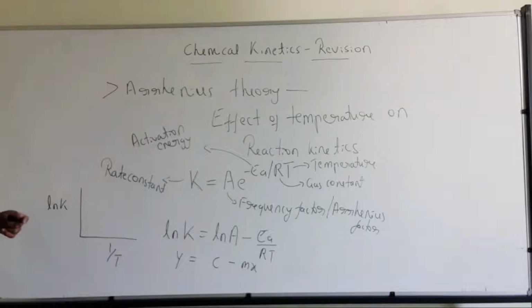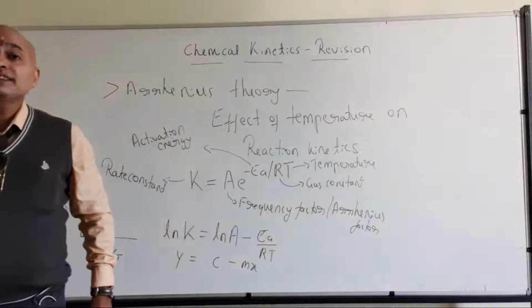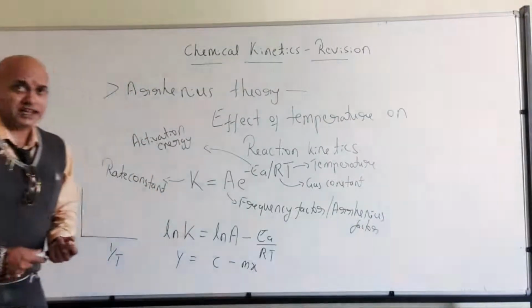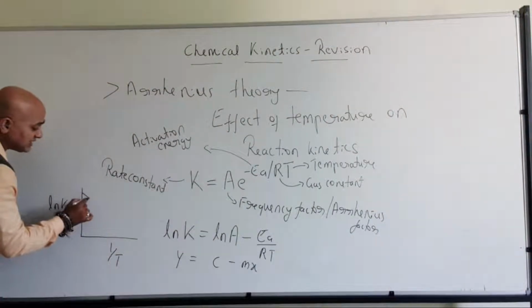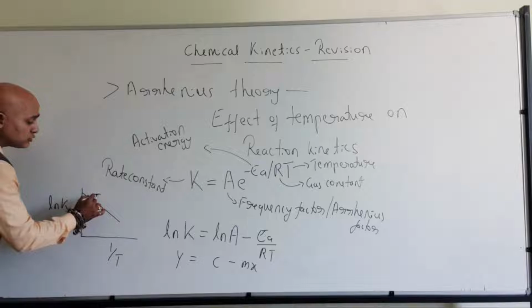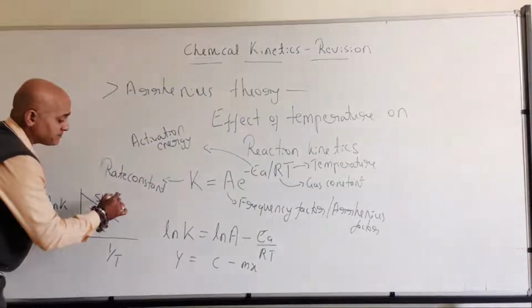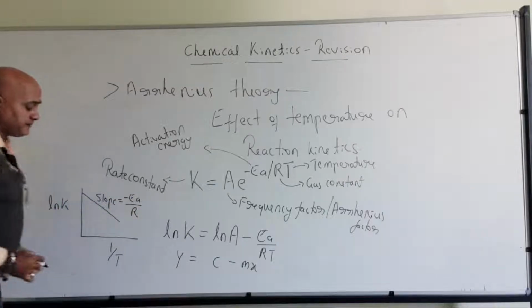Then, since there is a negative sign, minus mx, we should get a negative slope. m is nothing but the slope. So we should get a straight line where the slope value will be negative.